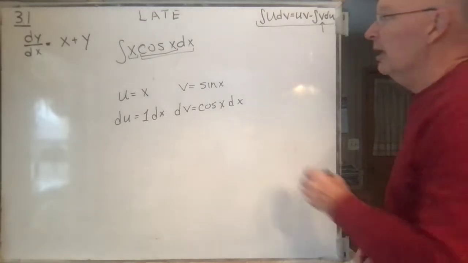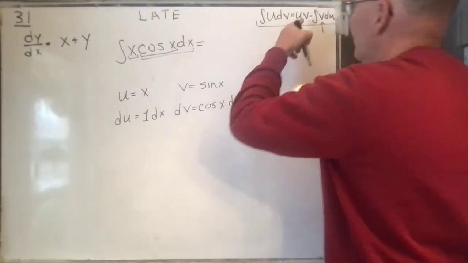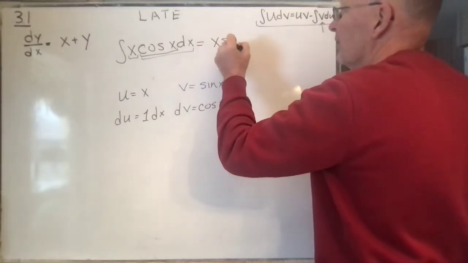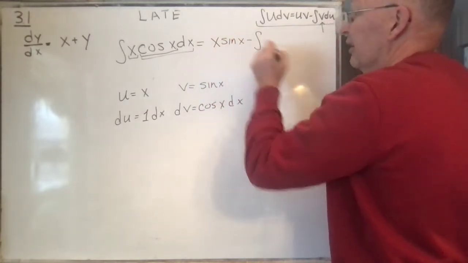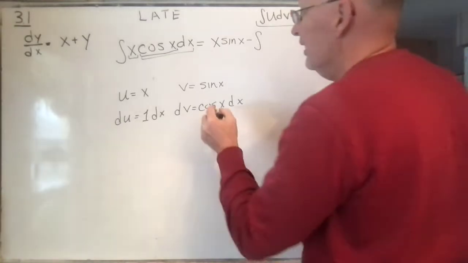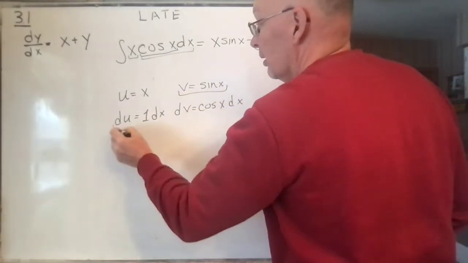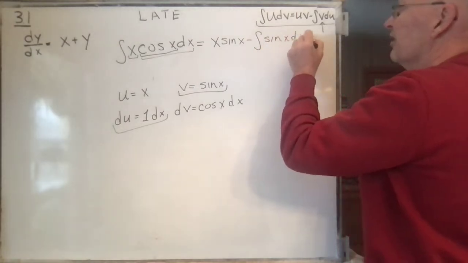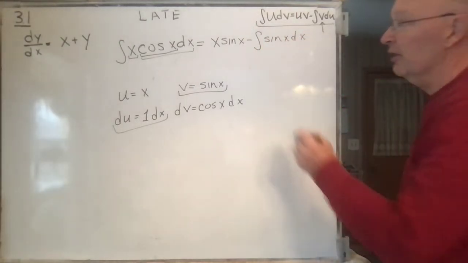Agreed? And so this thing is equal to, what does it say? U times v, x times sine of x, minus the integral of v du. So it's going to be sine of x dx. See that? And so now you can finish it off.